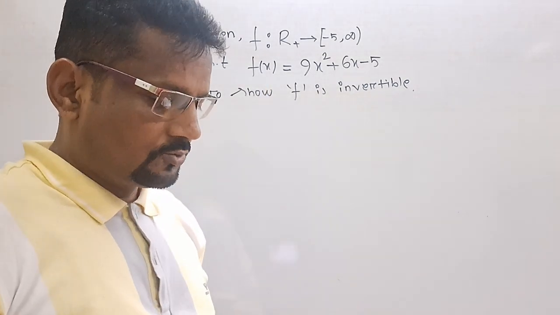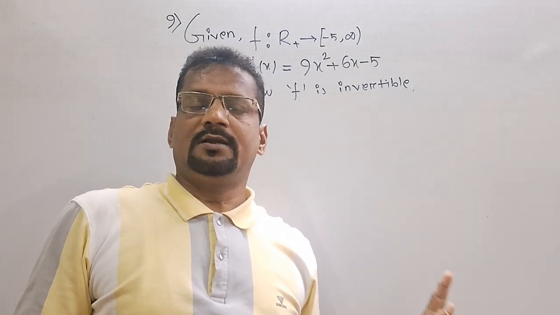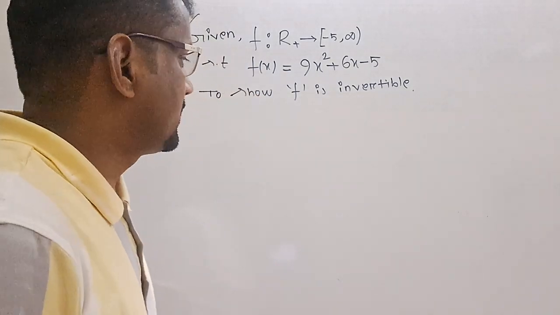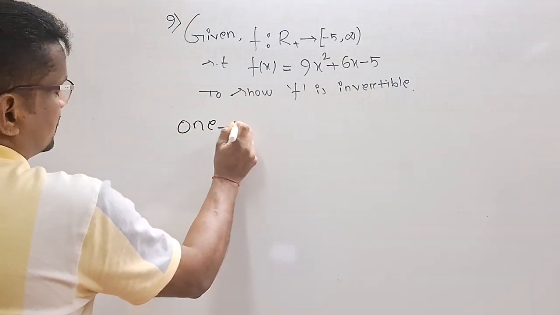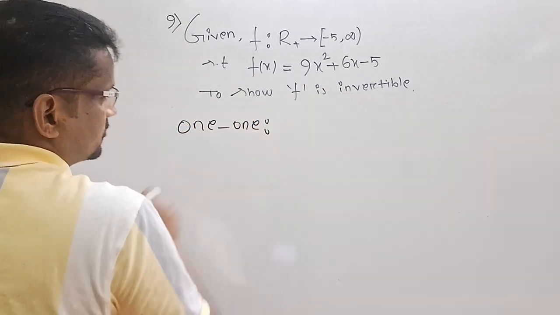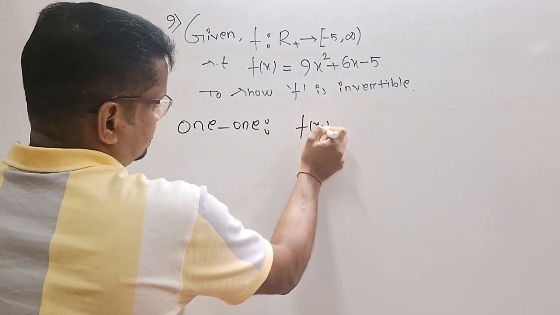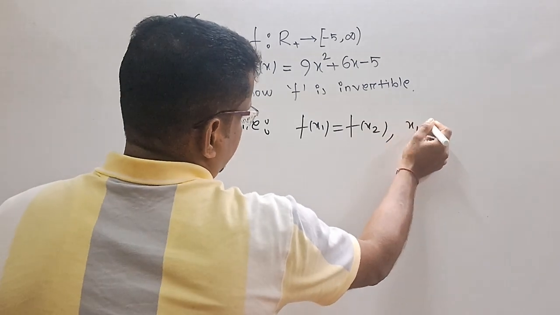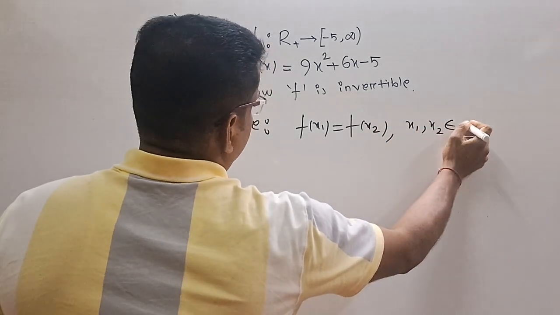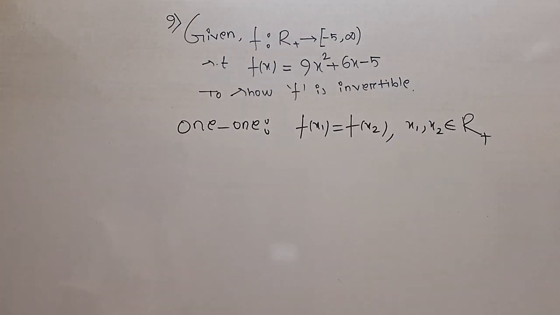So for that, what to show? You try to show f is 1-1 as well as onto. So at first let us try to show f is 1-1. In order to show 1-1, what to do? Simple. Declare f(x1) equal to f(x2) for any x1, x2 belonging to the domain of the function, that is R plus in this case.